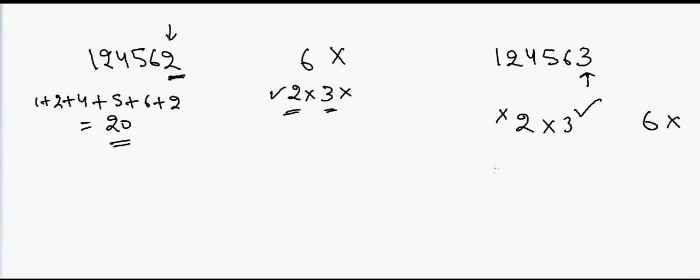Another modification we can make is add another 3 here. So if I add 1 2 4 5 6 6, then this is both even, and the sum will still be divisible by 3. So we'll have 2 into 3. It passes the test both for 2 and 3.